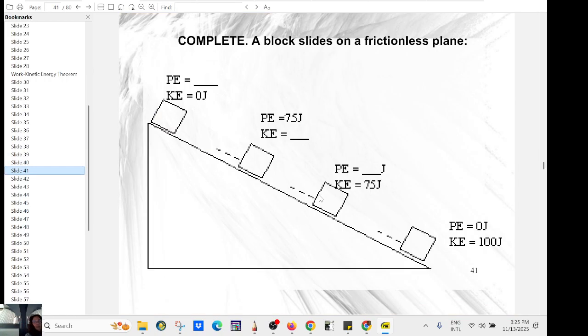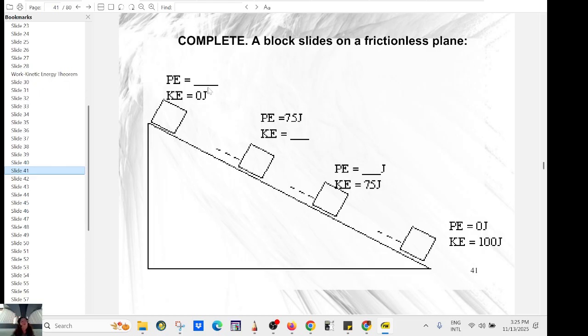Okay, so just quickly here, for example, here at the end, it has no potential energy because this is level 0. It has 100 joules of kinetic energy. How much potential energy does it have to begin with? 100, right? So imagine you have euros and dollars, and you are exchanging without anything taking money in between. So the total amount of energy will stay the same.